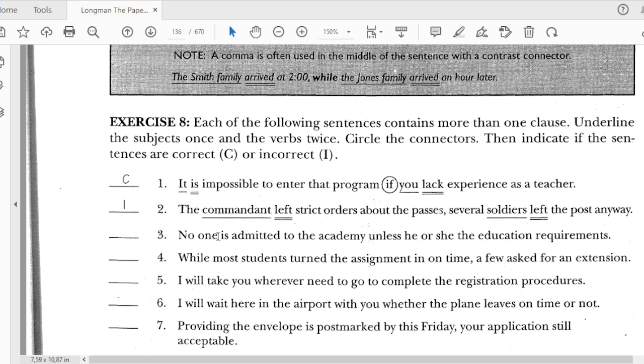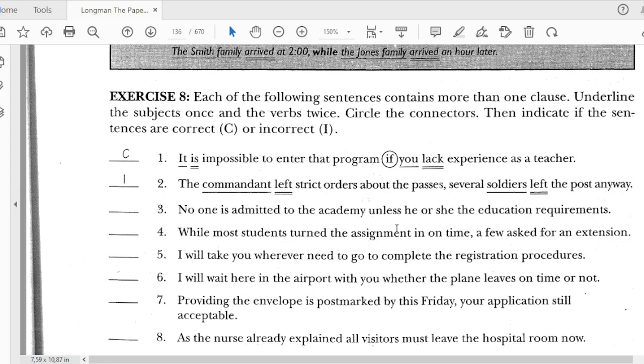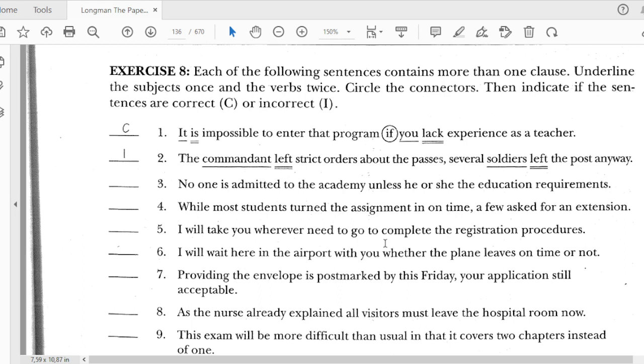Okay, no one is admitted to the academy unless, ada kata unless, he or she fulfill the education requirements. Incorrect. While most students turn the assignment in on time, a few ask for an extension. Okay, correct.